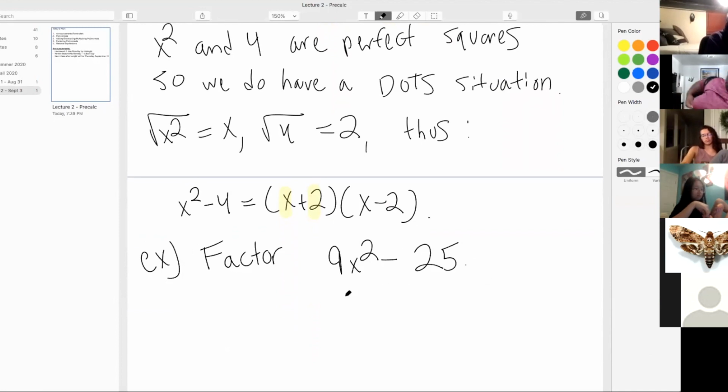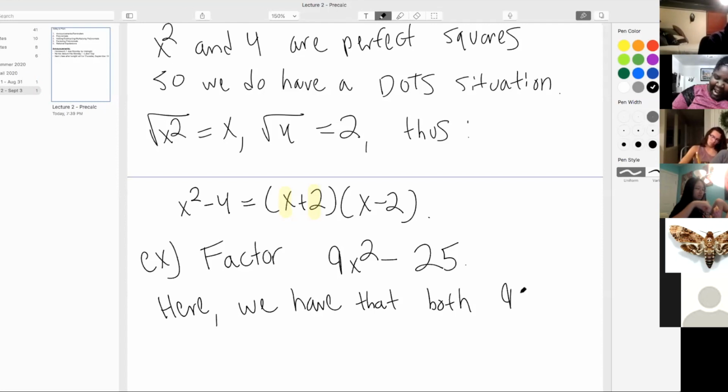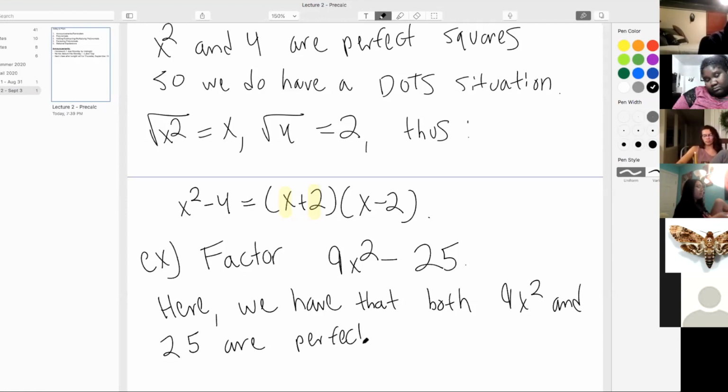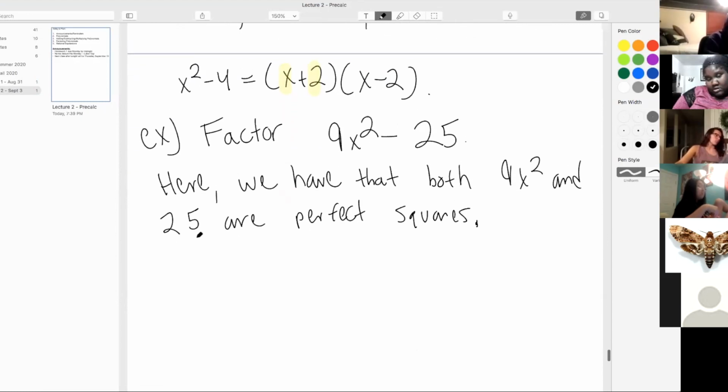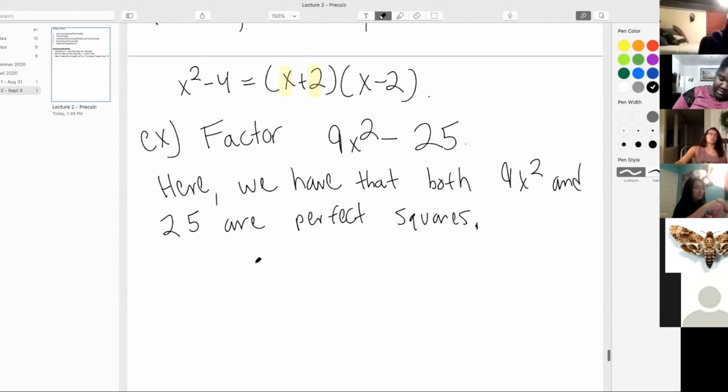Here we have that both 9x squared and 25 are perfect squares. To get the terms that we put in the parentheses, you just have to take the square root of both of these.